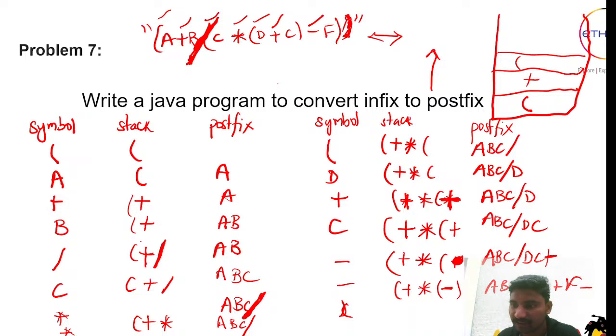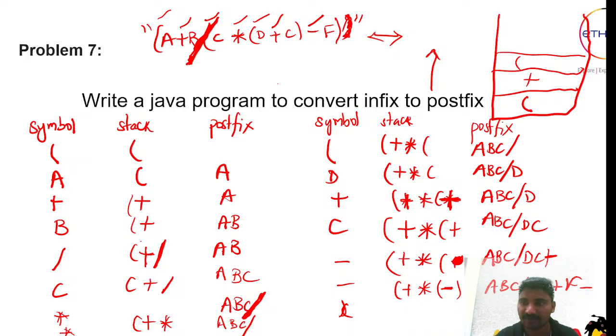Okay, if this is not empty and there is something called getPrecedence. To find getPrecedence we need to add a getPrecedence method, where you will be getting the precedence of a particular character.